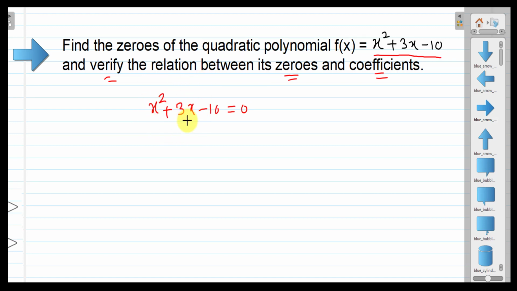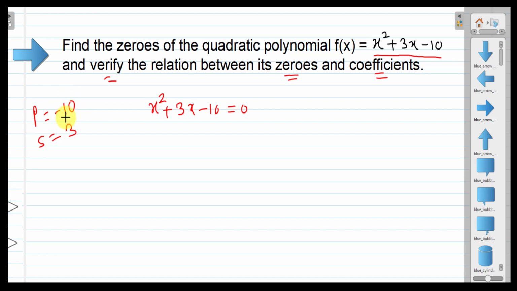So we split the middle term as we have done in the previous question. To split the middle term, we need product as minus 10 and sum as plus 3. So we search for the two numbers whose product is minus 10 and sum is plus 3.